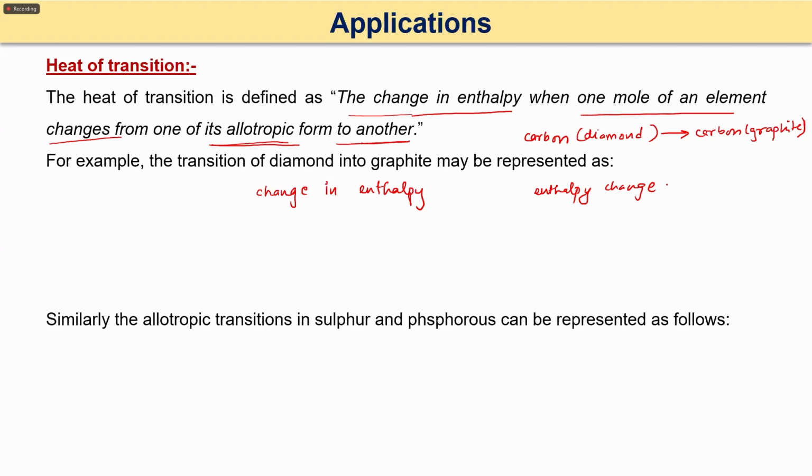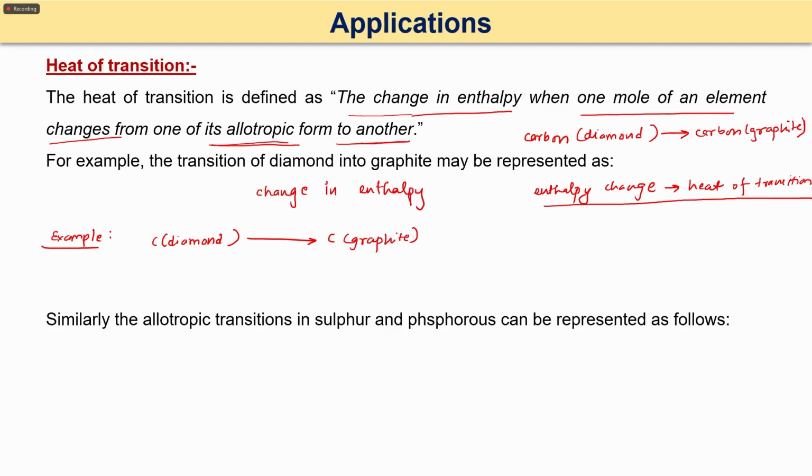So the heat of transition is the enthalpy change when an element changes from one form to another form. The example was your carbon in diamond form getting converted to carbon in graphite form.